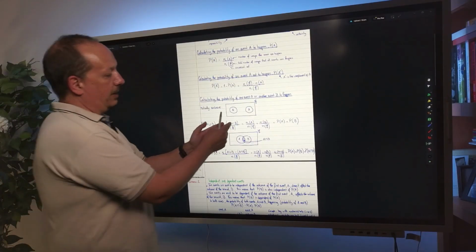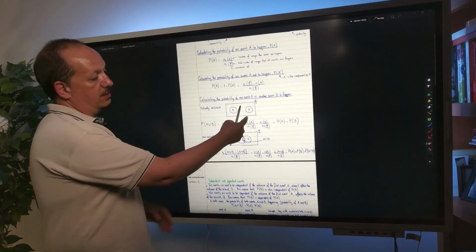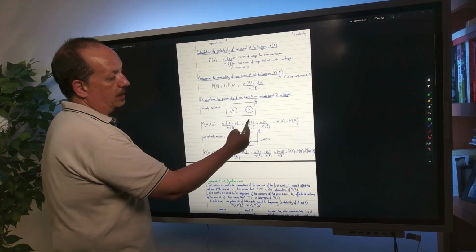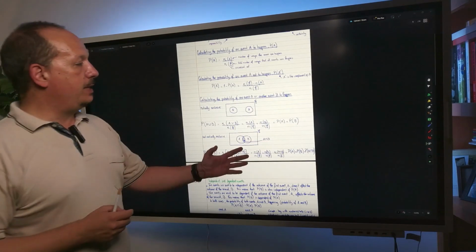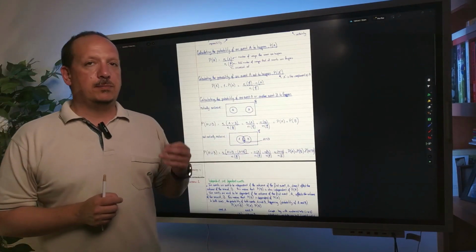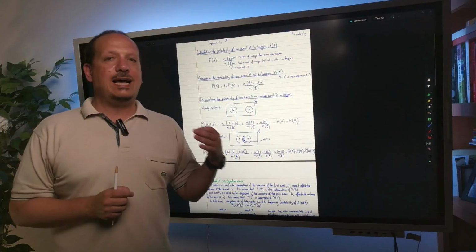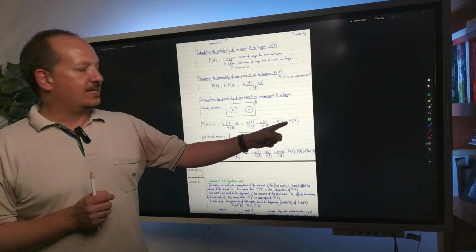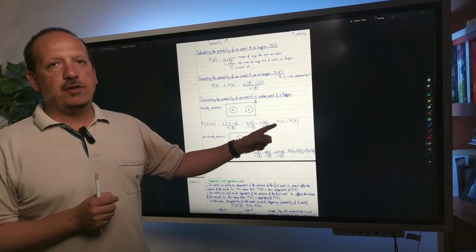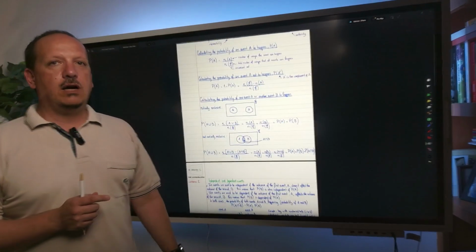Then you can divide this into two fractions. Each one of them basically corresponds to the probability of A and the probability of B. So the probability of either A or B to happen is basically just the sum of the probability of A and the probability of B.